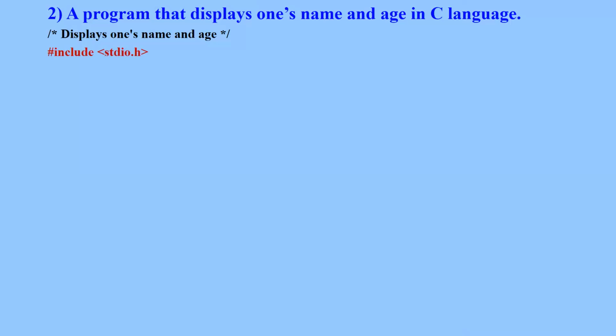Anytime you know that you're going to request the user to enter anything, or anytime you know that your program is going to display something on the screen, then it's important that you include this statement as your very first statement in your source code. #include <stdio.h> is what we call a preprocessor directive in C that tells the compiler in advance that this source code will be making use of functions that have been stored in the library that perform tasks for inputting and outputting.